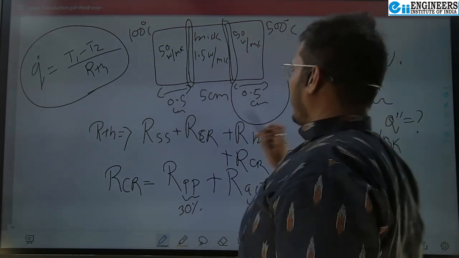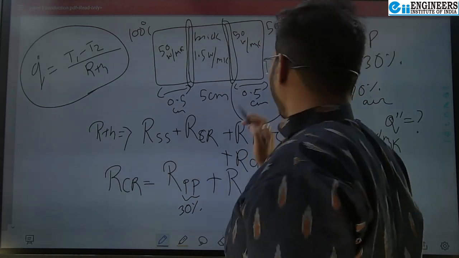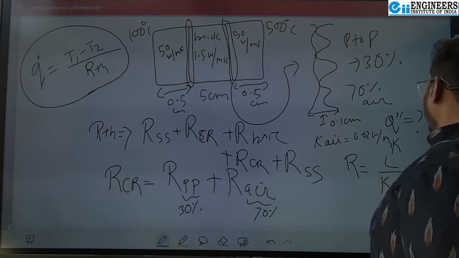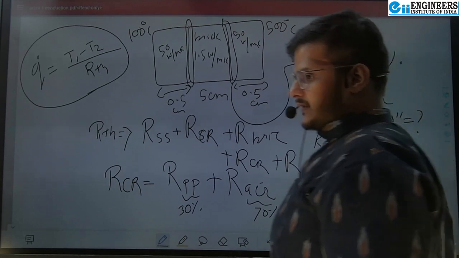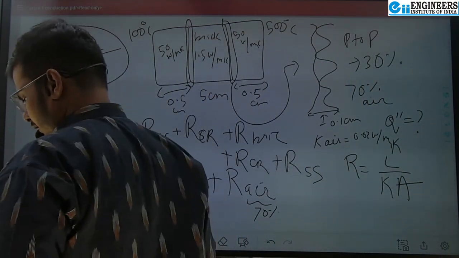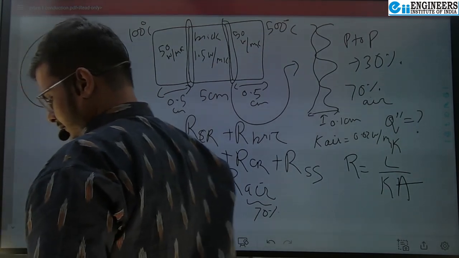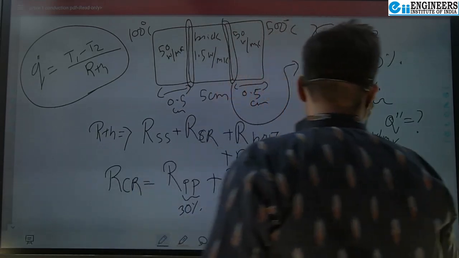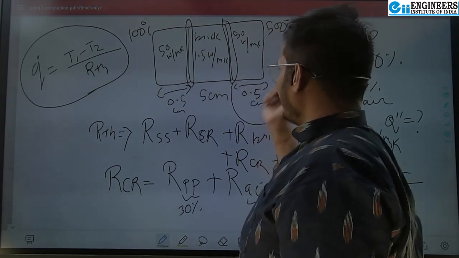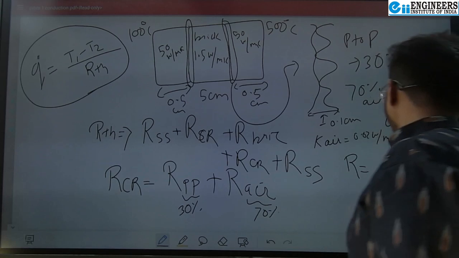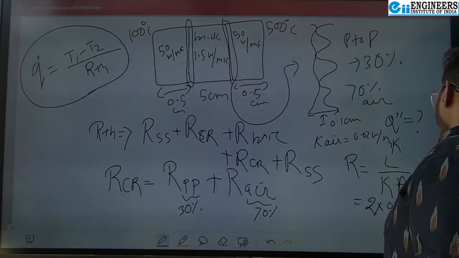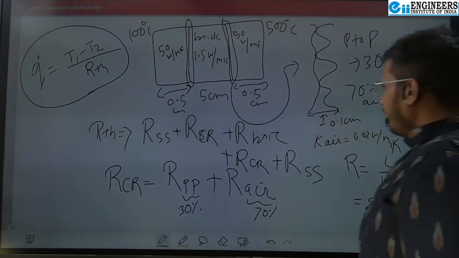You can easily calculate R_SS and R_brick. The R will be L by KA. As it is asking for the heat flux, we can consider the area to be a unit one and directly write L by KA. For the steel, it will be 0.5 into 10 to the power minus 2 by 50, into 2, that is 2 into 0.5 into 10 to the power minus 2 by 50.